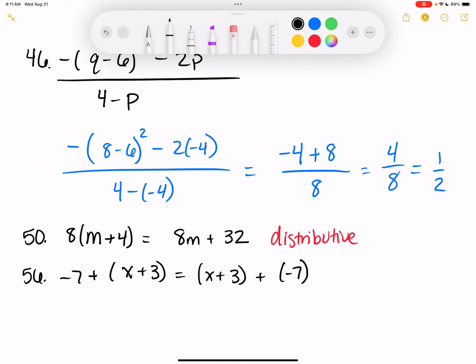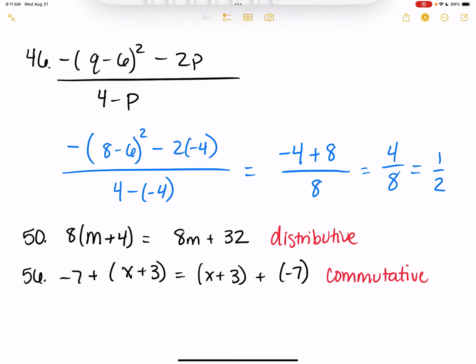Notice what they did. How did they get from here to here? What did they do with the two terms? They flipped them. So which one of the properties deals with them being flipped? Yep, commutative. If it had been associative, it would have taken this parentheses and moved it over, and it would have been like -7 plus x in parentheses and then plus 3. That would have made it associative.